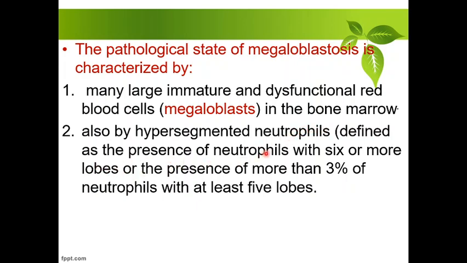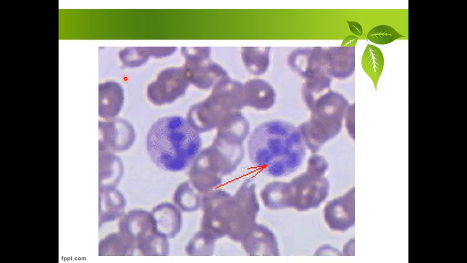That is the presence of the neutrophils with 6 or more lobes, उसके segments होते हैं, or the presence of more than 3% of the neutrophils with at least 5 lobes. Segmented neutrophils होते हैं. Here you can see the segmented neutrophils are there. देख रहे हो कितने सारे neutrophils के segments बन गए.